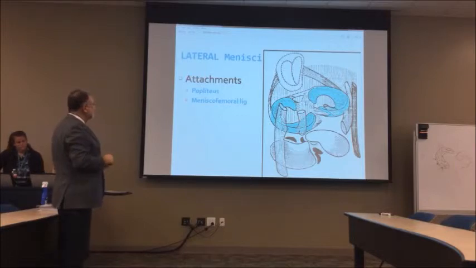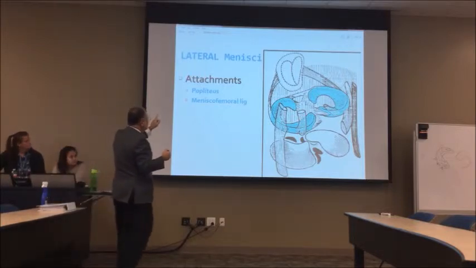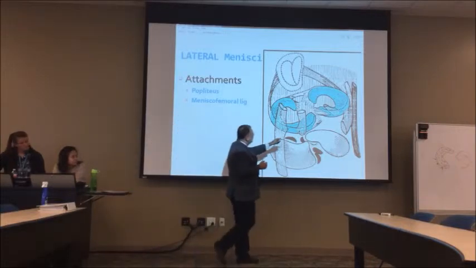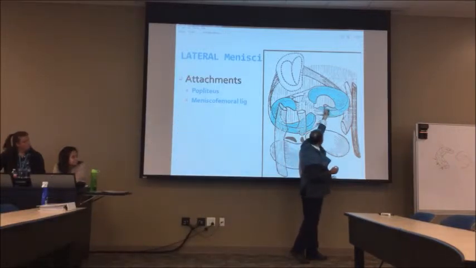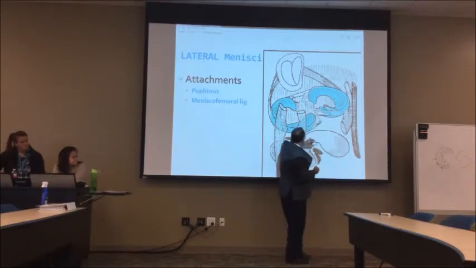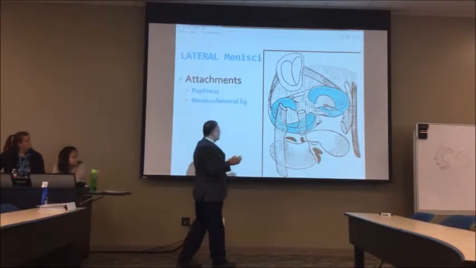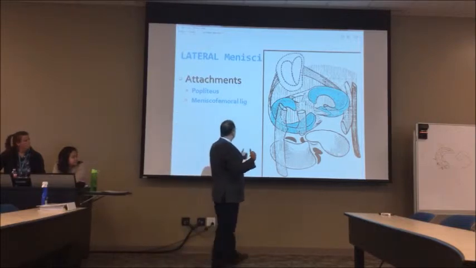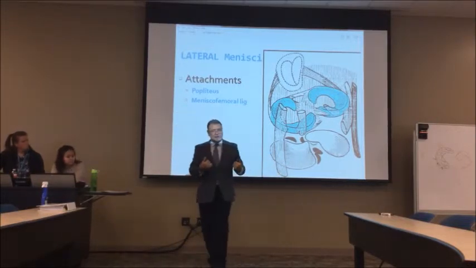That's for the medial meniscus. Now for the lateral meniscus, remember that I mentioned a couple of times the popliteus tendon, probably something like this structure that you might see here. And you're also going to have part of the meniscofemoral ligament. The meniscofemoral ligament comes more for the lateral side than for the medial side.